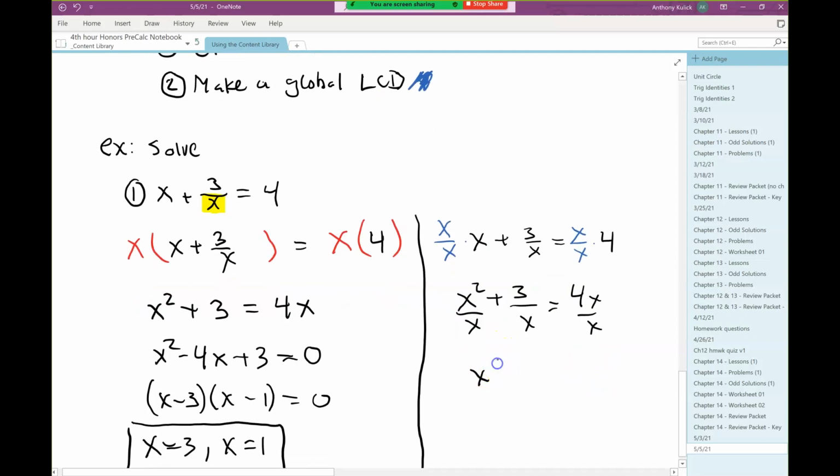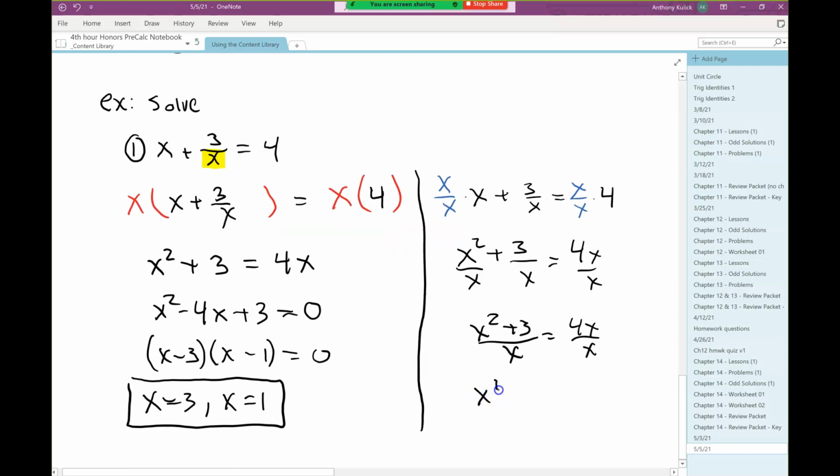Or I can just think about, since those have a common denominator, I can do that. And since everything is over the same denominator, I can just drop the denominator. And now I'm at the same thing that I had before, right?